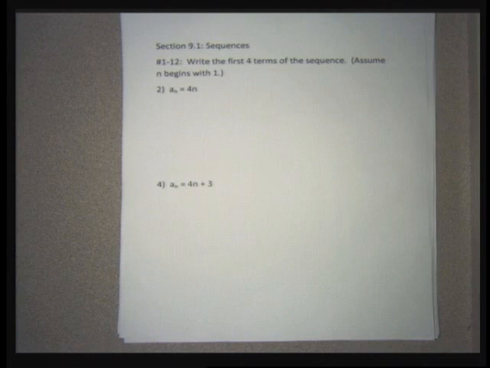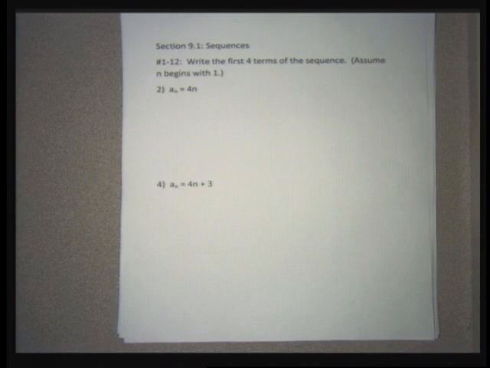The lists often are defined by rules, and the rules are often given using very precise mathematical symbolism, and that's the case for the first 12 problems.